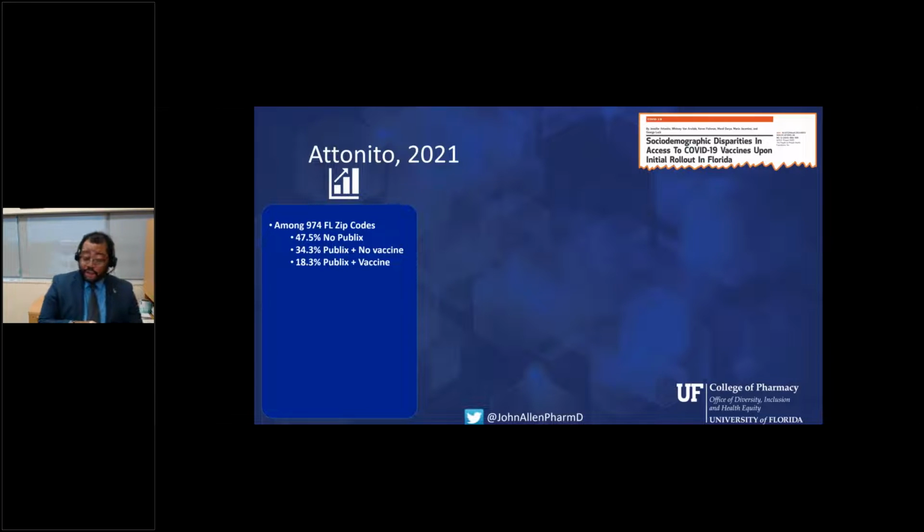Just to give you a little bit of backdrop, the vaccine rollout in the state of Florida was largely placed in the hands of Publix initially, the supermarkets. The reason that was done was because Publixes were deemed to be ubiquitous or high access areas for folks.